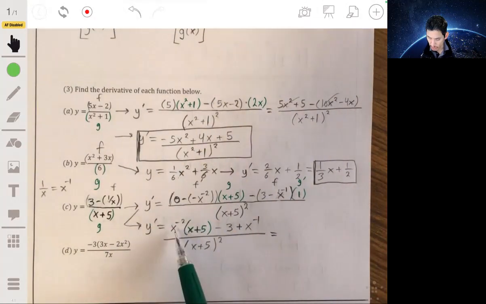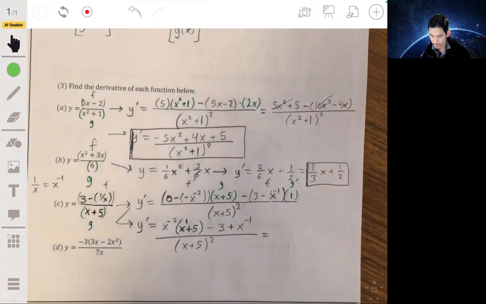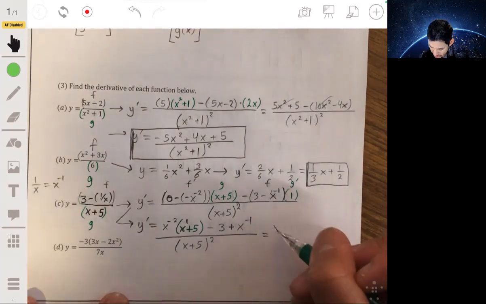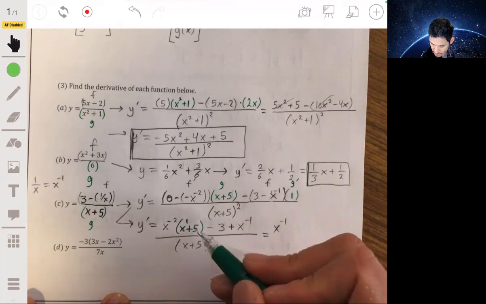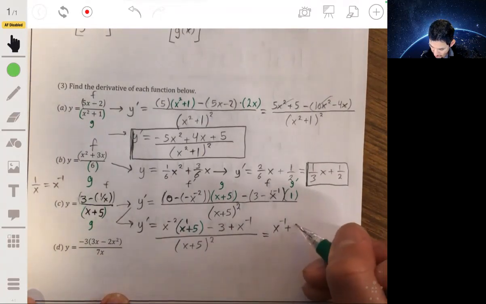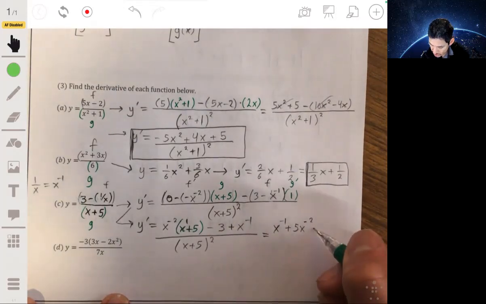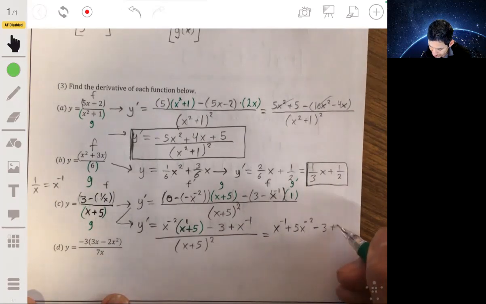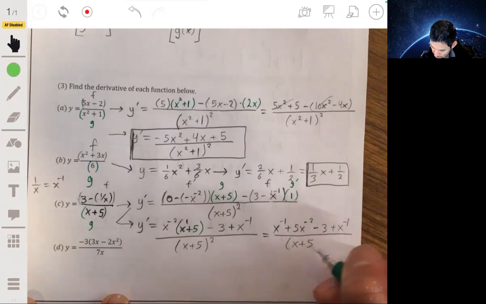Okay, so you can see x is the same as x to the negative 1. So x to the negative 2 times x to the negative 1, adding the exponents, becomes x to the negative 1. And then x to the negative 2 times 5 is just 5x to negative 2, minus 3, plus x to negative 1, all over x plus 5 squared.